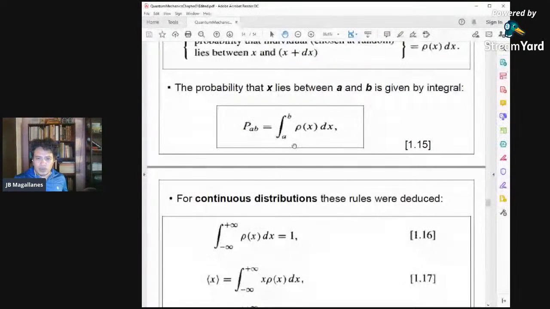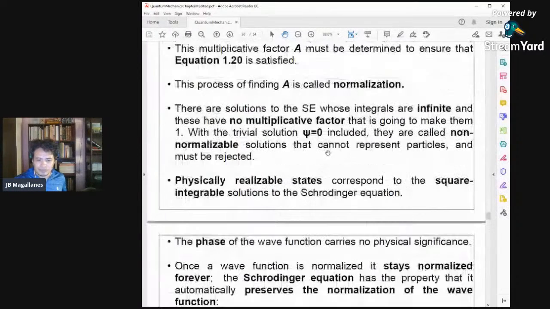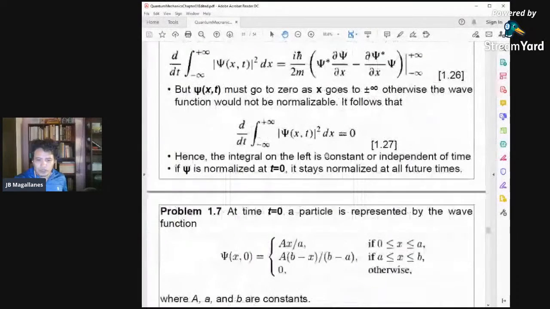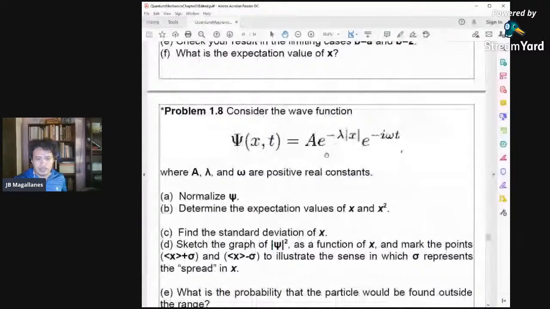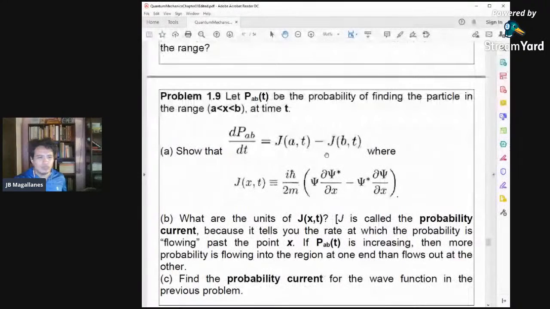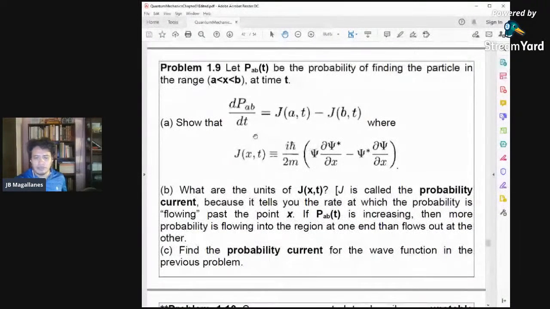PAV is this one, with the rho x being replaced by the modulus of psi squared. You can also do this. These are actually very easy, but you just have to spend time calculating them. So this is the derivative of that expression, and this is just equal to that, where this is called the J. This is called the probability current, the J of x,t.